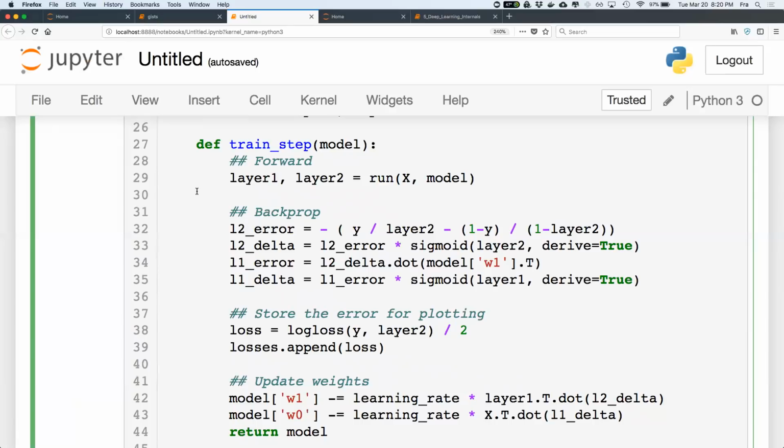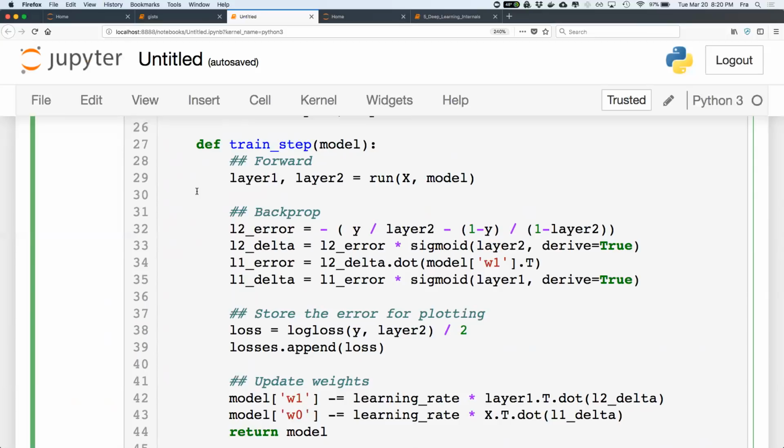And then I calculate that, and I multiply that with the weights, and I keep going back. I never recalculate any of these terms. See, L2 delta gets here, then L1 delta gets here, and I keep updating one step backward until I've calculated all the corrections. And then I update the weights.